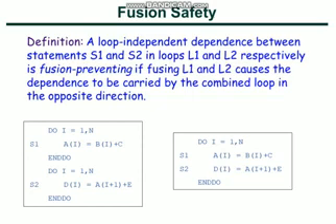Now to understand this, take this example. On the left side you have two loops. Both loops are going from 1 to n, and both loops have one instruction. The first loop, say L1, has instruction S1, which is A[i] = B[i] + C. If you see this loop individually, there is no dependence, so you can execute this loop in parallel.